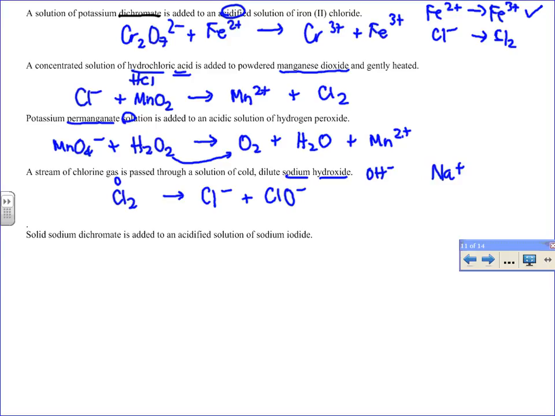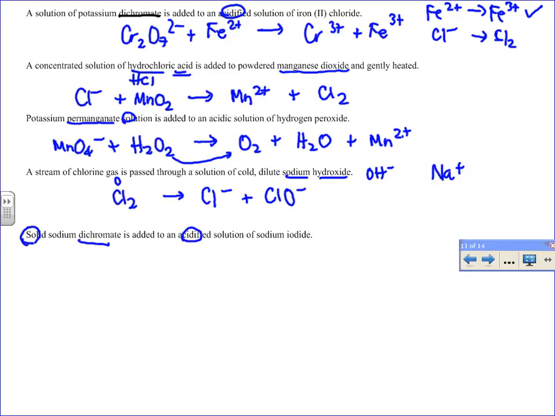And then when you're doing the half reactions for here, you've got chlorine going to Cl minus and chlorine going to ClO minus. This next one, I chose this example because we're starting with solid sodium dichromate.